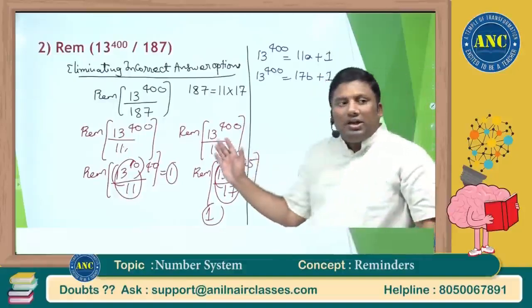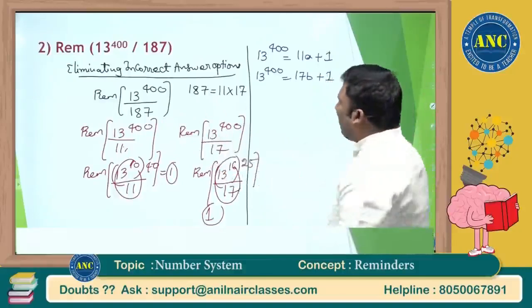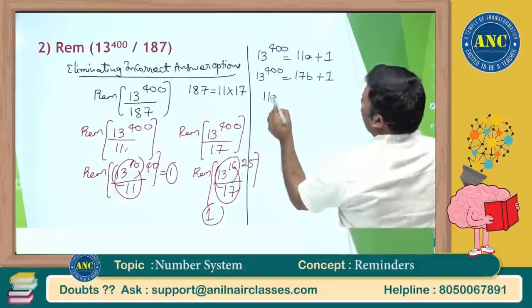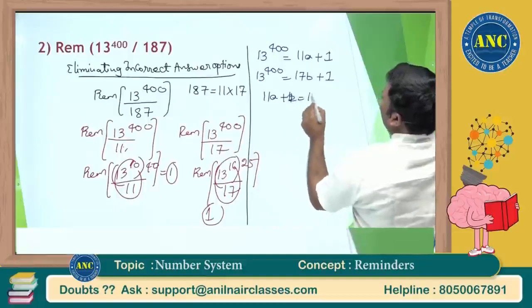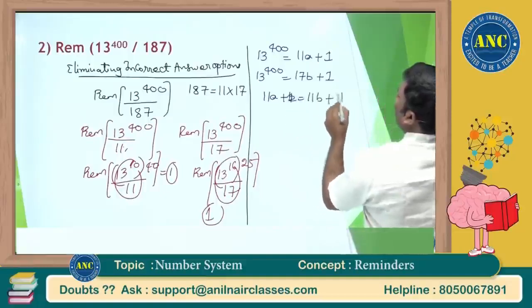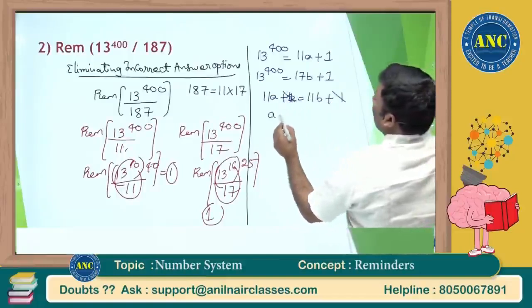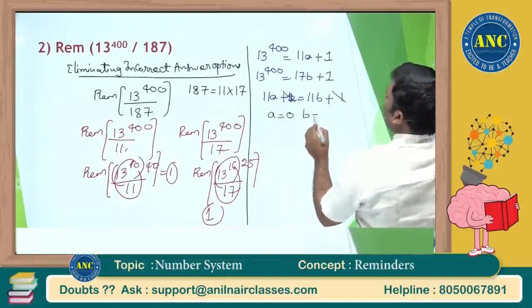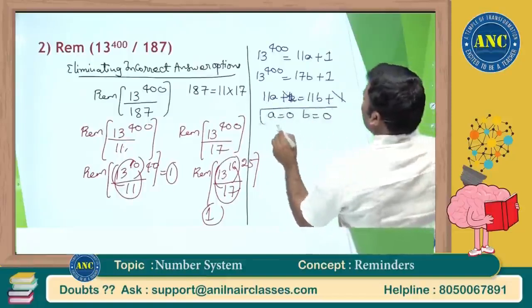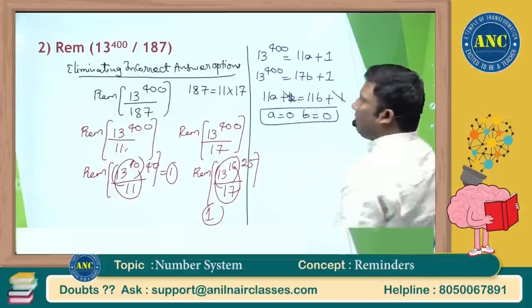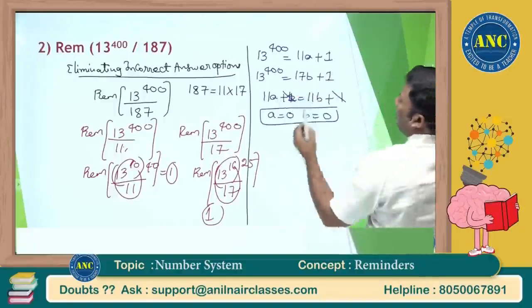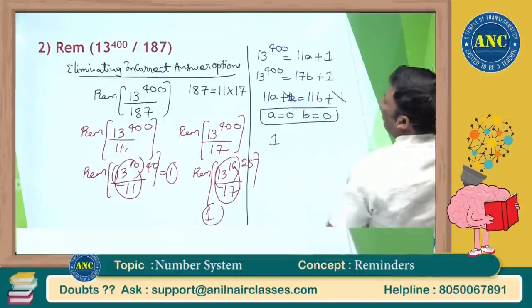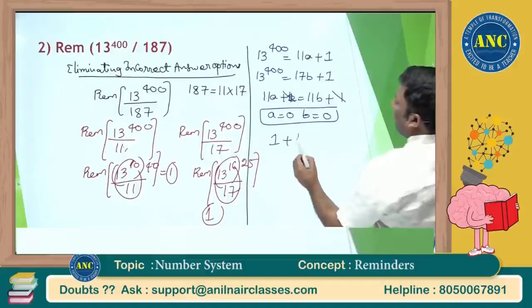Both are representing the same number, 13 power 400, so you can equate them: 11a plus 1 equals 17b plus 1. The 1 cancels. Both will be equal at the lowest value 0. So 11 into 0 plus 1. That means 1 is the lowest remainder possible.